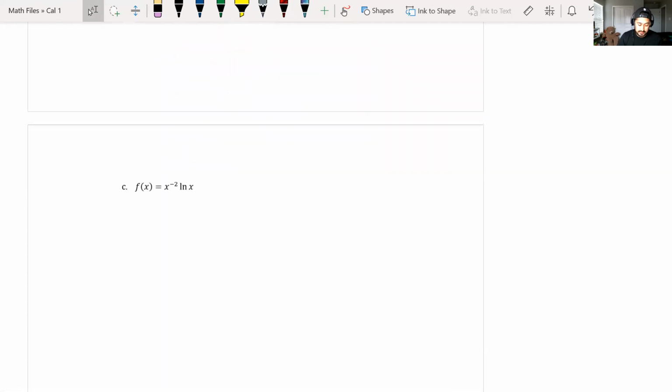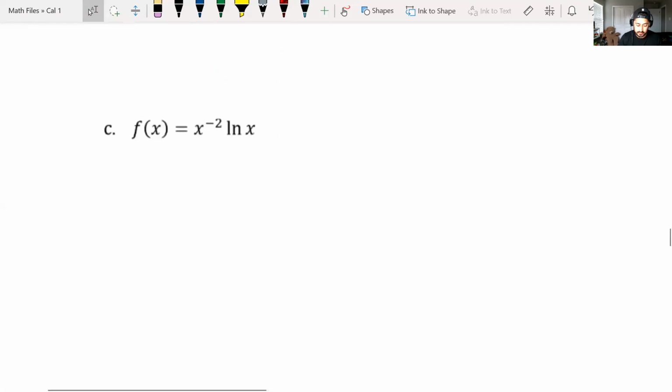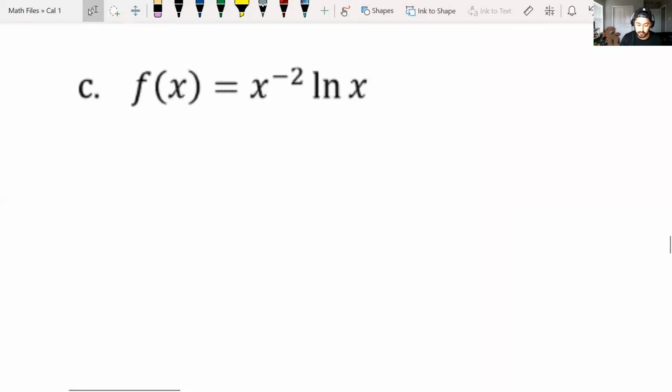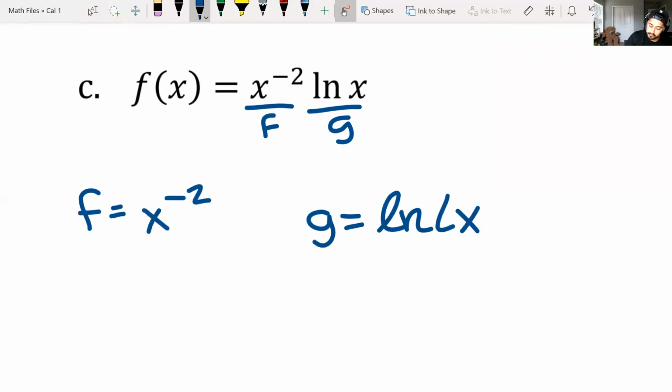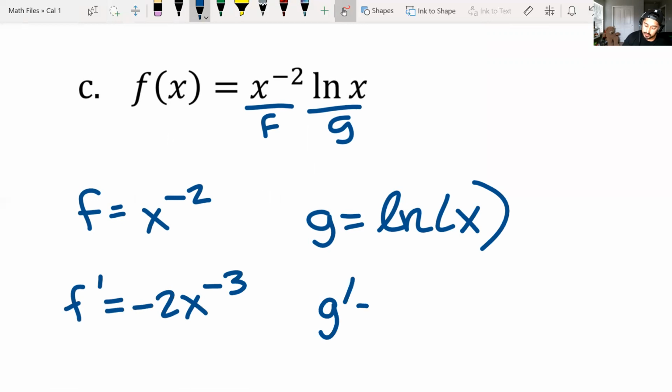All right, still going. This is just critical numbers still. Okay, this one will use product rules. So there's f, there's g. So f is x to the negative 2, g is the natural log of x, f prime is negative 2x to the negative 3, g prime is 1 over x.